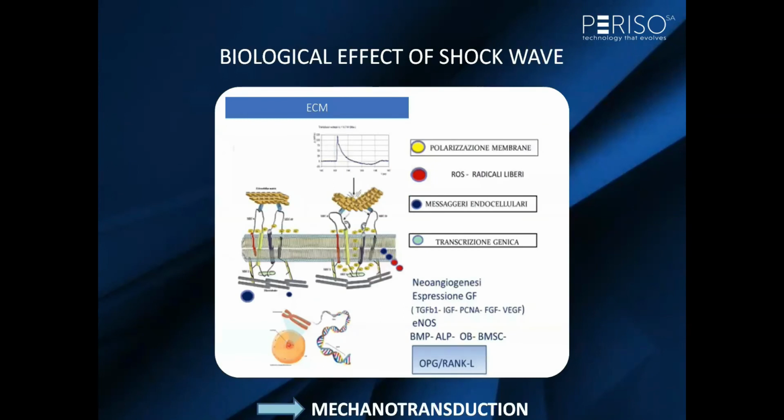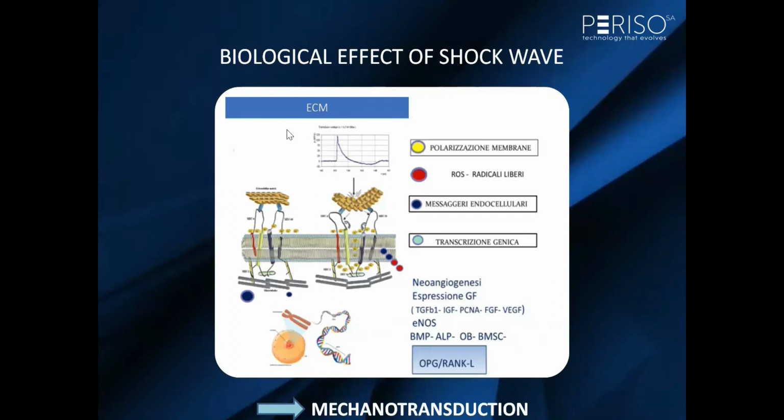From the mechanical and biological point of view, it is more effective in realizing mechanotransduction, which is the key aspect of the biological effect of shock waves, because to have a biological effect the body must be able to transform the mechanical energy of the shock waves into a biological response.